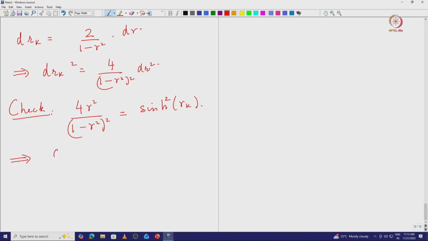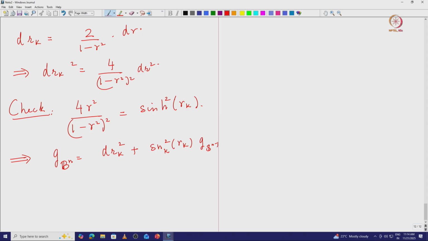So then that means that the ball metric in these new coordinates is basically just this, which is what I was claiming, right.